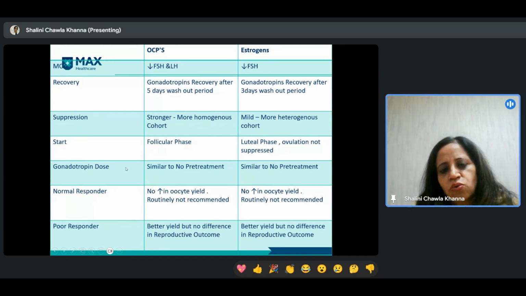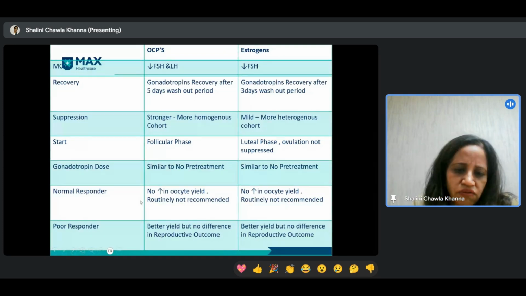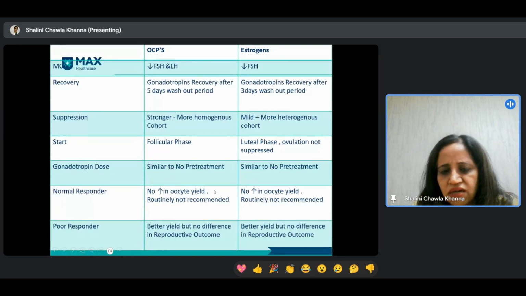The gonadotrophin dose is similar in both the groups. In normal responders, there is no increase in oocyte yield in both groups, because right, left, and center we give it to the patients without wondering whether she is a normal responder or a poor responder.